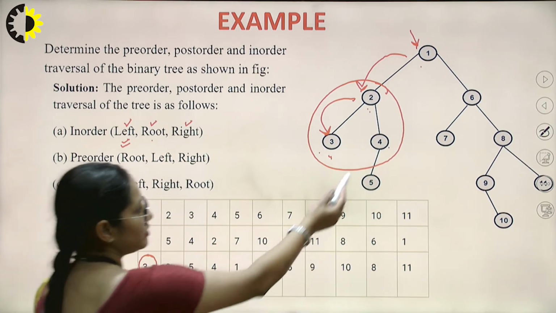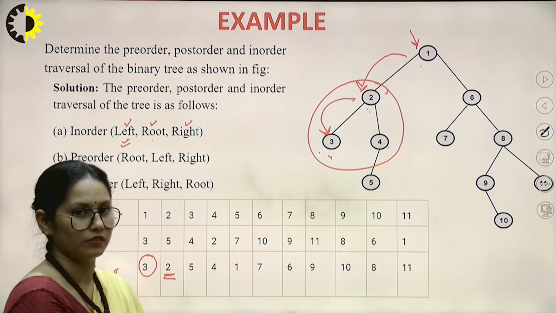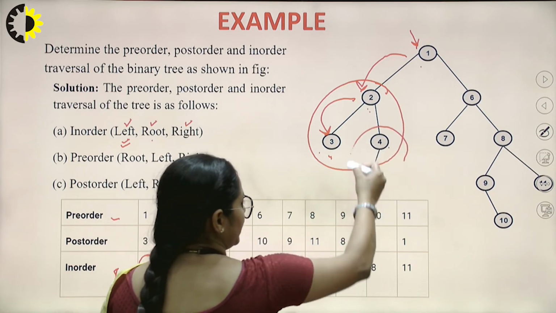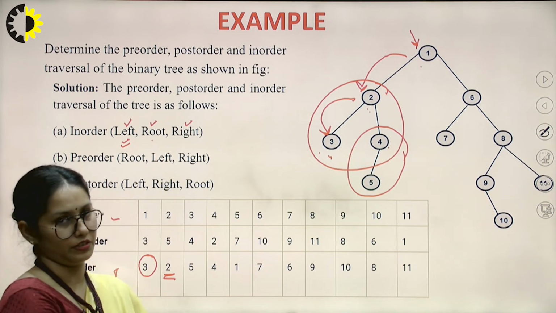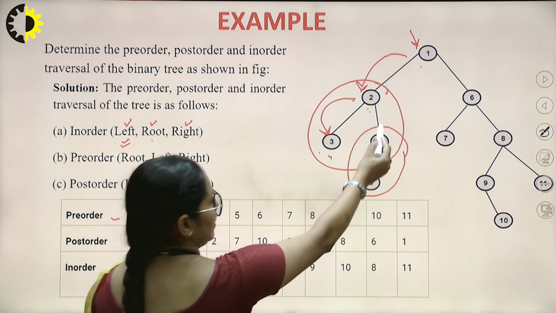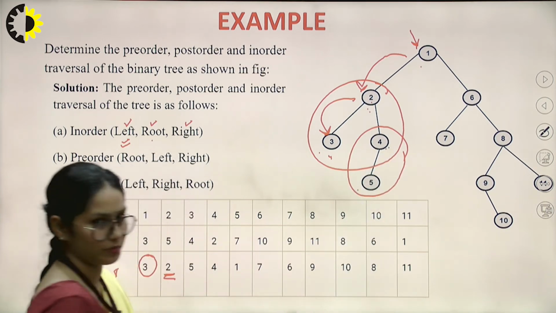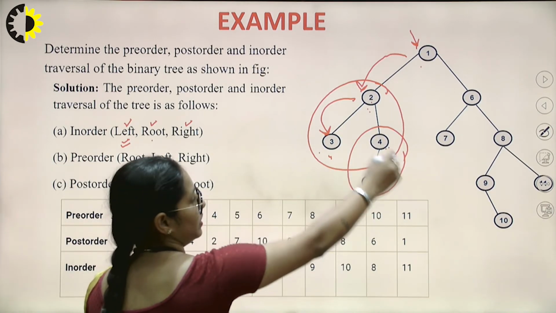Now again this node is not a leaf. This is a subtree, because it has children. In this particular subtree, you have to again traverse the left-hand side first. So here, before going to 4, you have to traverse 5 first, because 5 is the leftmost node for this subtree.